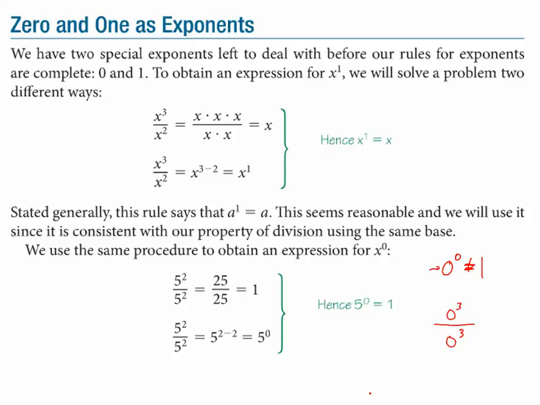Is that possible? Yeah, you can't divide by 0, right? There's no such way. So we have this little rule that says a to the 0 power is 1 as long as a itself is not 0. But you'll never see that in math anyways. You're never going to see 0 to the 0 power. It's not going to happen.